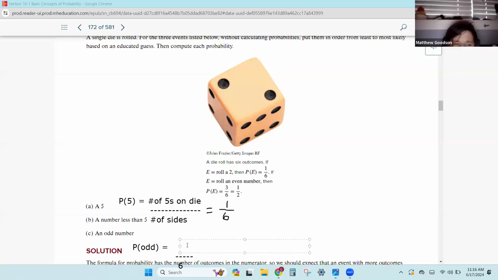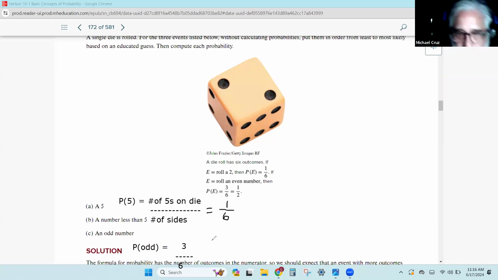Right, it'd be three. I was wondering if I was going to need to bring up a die, but I think most people know it. So 3 over 6, and then that simplifies down to 1/2. So the probability of getting an odd number is 1/2. The probability of getting a 5 on one roll is 1/6.